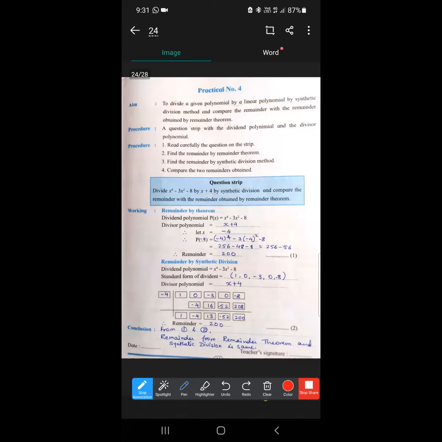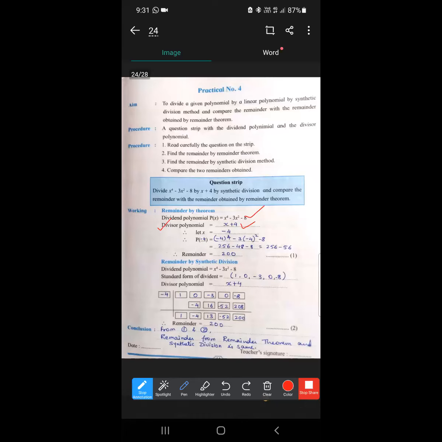Okay, so see the working part. Remainder theorem, remainder by remainder theorem. Okay, dividend polynomial, that is p of x, x raised to 4 minus 3x square minus 8. This is the dividend. Then divisor is what? X plus 4. Okay, so whenever you are using the remainder theorem, you first and foremost check out the divisor.